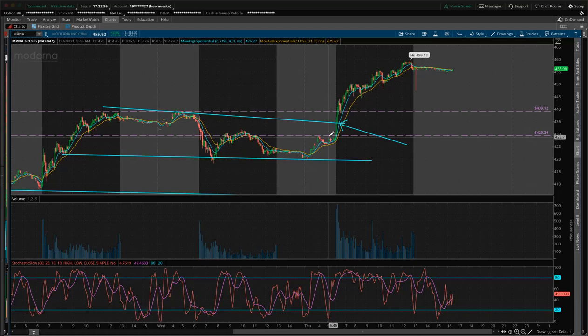If you cannot buy more than one contract of an option, then you should not be trading that specific stock. The reason I like to buy more than one is so that I can size up and size down. If I got rejected here at this line, yes, I'll end up losing more money, but I'm still going to have an average buy at 429 if I re-enter the trade later on.